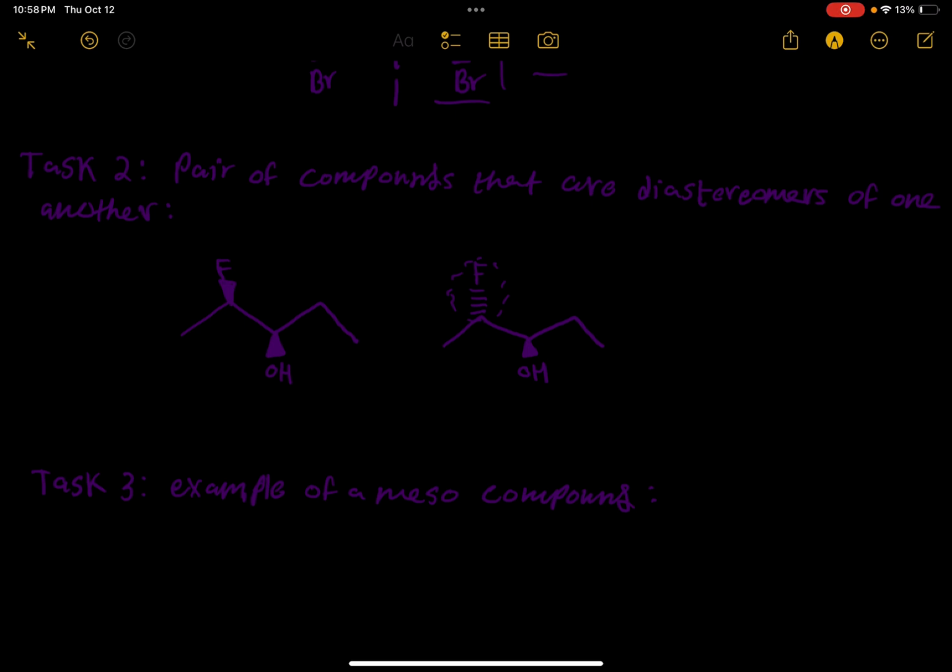In this example, it was bold, but here it's dashed, and we only changed one. If we changed both the fluorine and the OH, that would probably be an enantiomer, and we got 2 chiral centers.